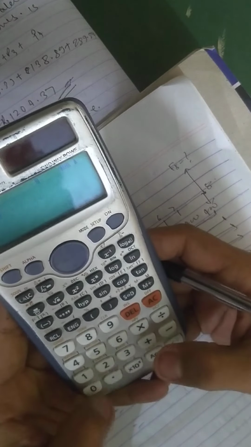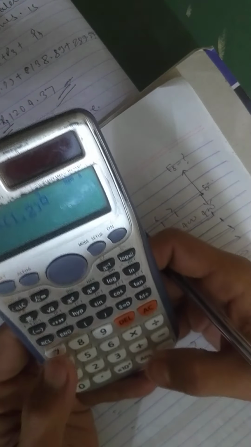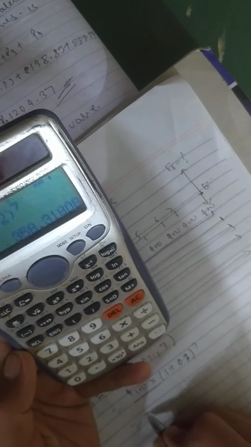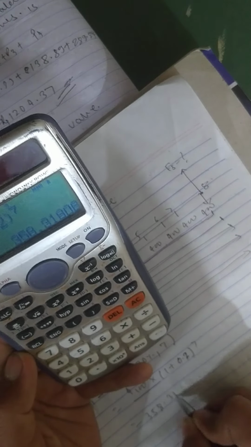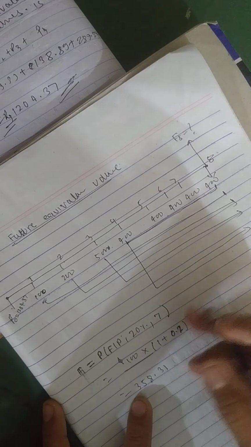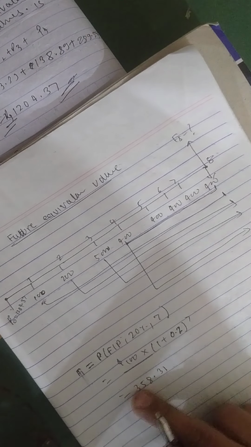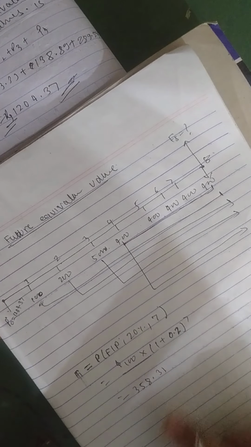It will give 100 into 1.2 to the power 7, which is 358.31. The present 100 rupees is worth 358 under the interest rate of 20% for 7 years. This is the meaning of this.